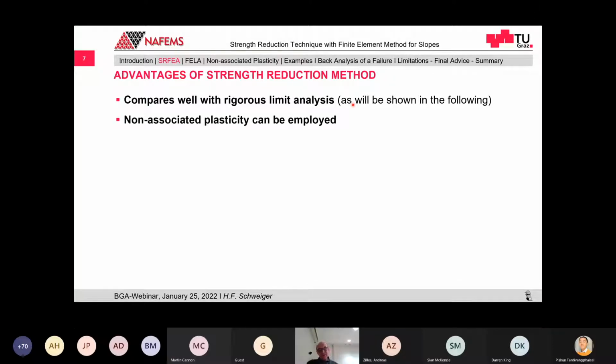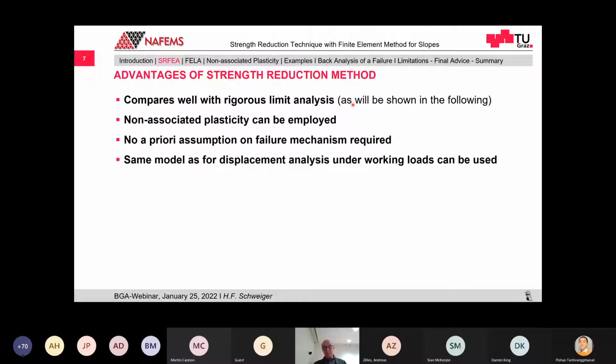Now, the big advantage is that you can use non-associated plasticity, and I would say as a standard case, we would never use associated plasticity except in certain special cases, and that can be easily introduced. There's no a priori assumption on the failure mechanism required. The failure mechanism will just turn out which gives you the minimum factor of safety.